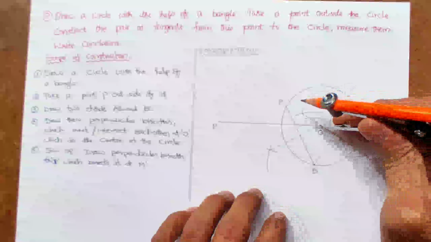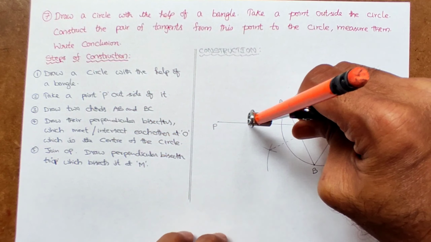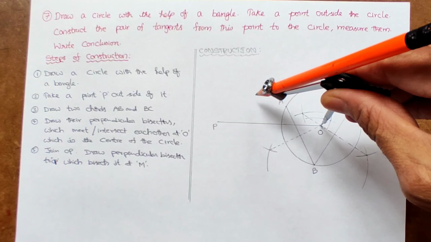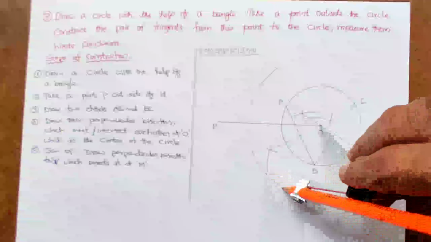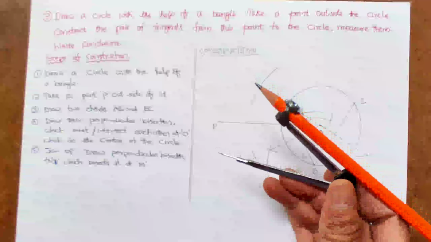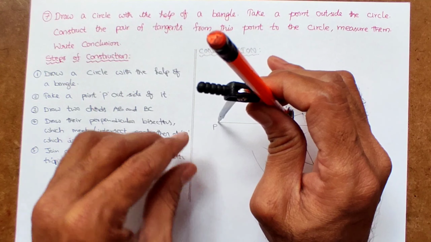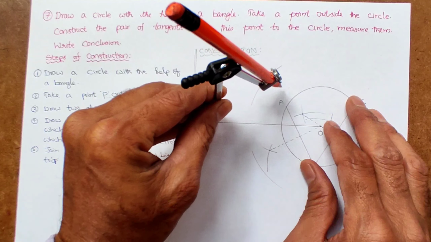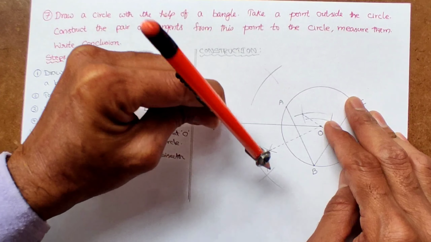Taking O as center and radius more than half of OP, let us cut one arc above OP and one arc below OP. Same way here with the same radius, taking P as center, cut the previous arcs here, this one and also this one.